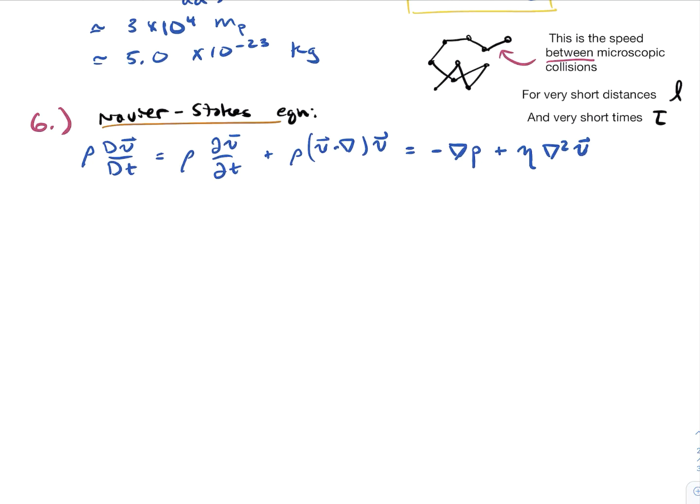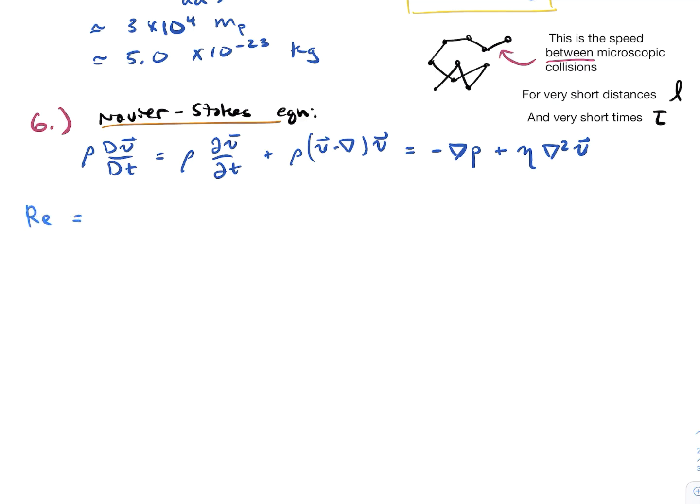Again, that's a complicated equation, and in fact, it's quite intractable in general. But as we'll derive, there's a limit when the left-hand side is much smaller than the right-hand side, or the inertial terms in the fluid are much less important than the viscous terms.